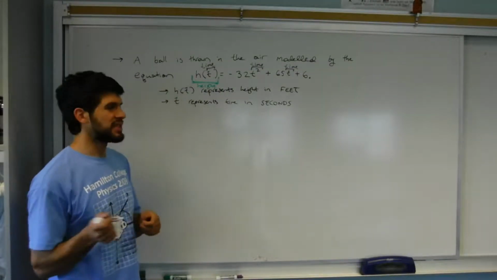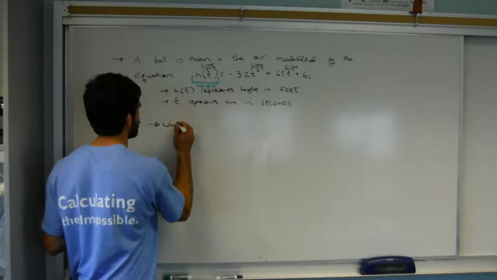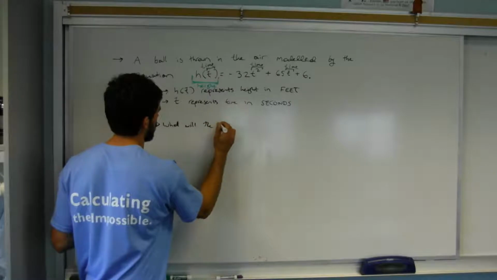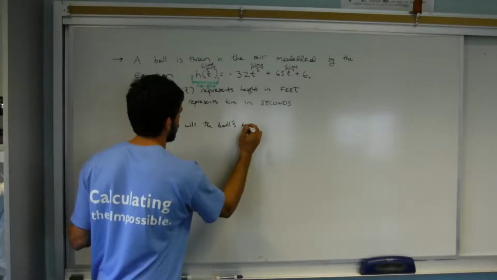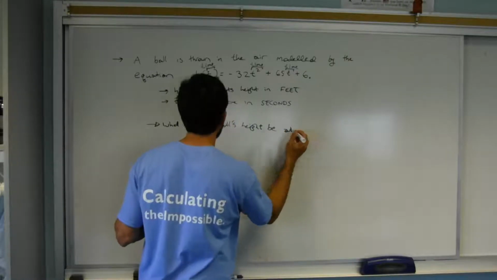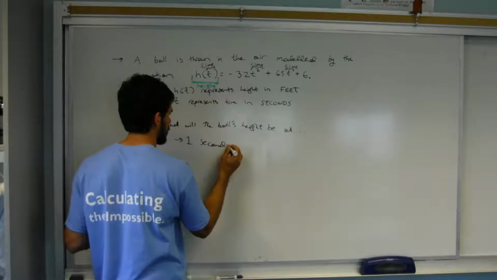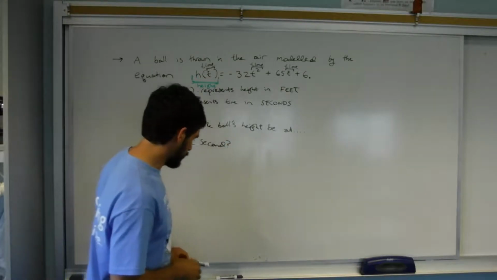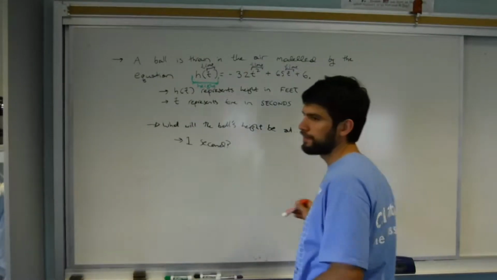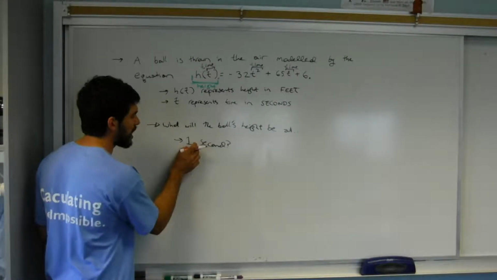So a common question is, what will the ball's height be at 1 second? If we want to find the ball's height at 1 second, we're given a time value.